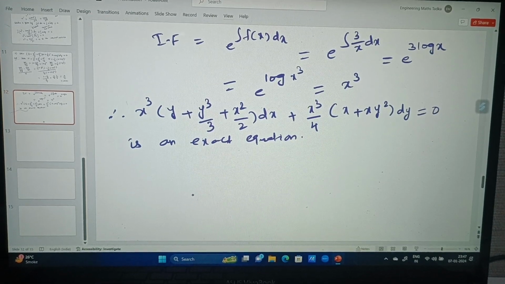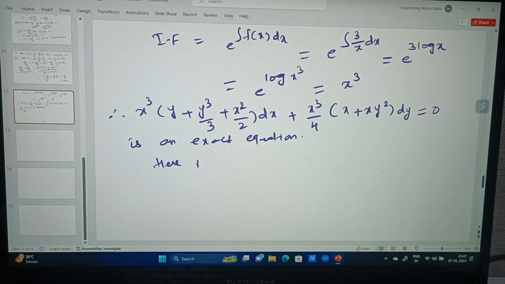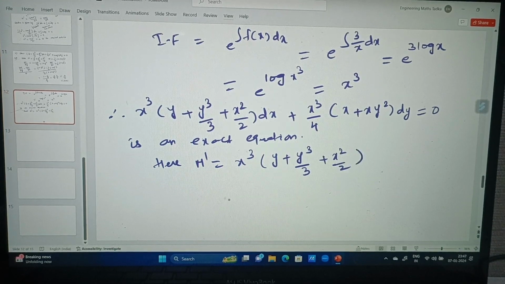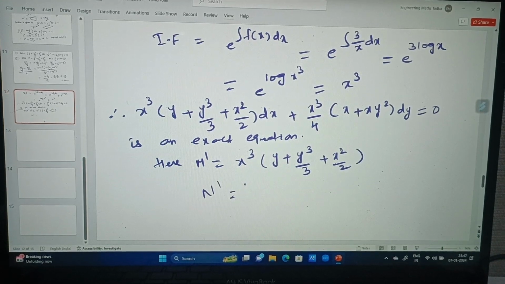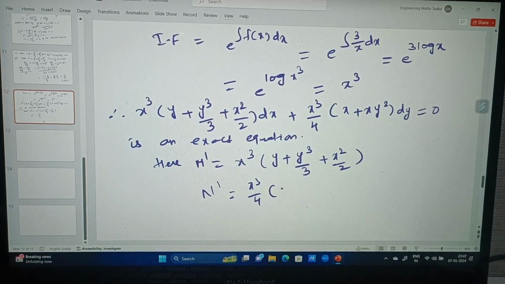After writing this step, you need to write the new functions as m dash and n dash. How to write M dash? M dash is nothing but x cube into y plus y cube by 3 plus x square by 2. And what is the function n dash? X cube upon 4 into x plus xy square.